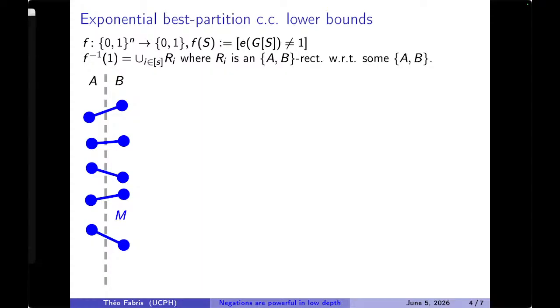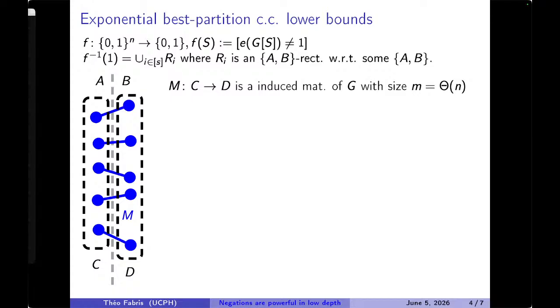A matching is just a bijection between one set and another set, and I'm going to denote by C the set of points from A that are mapped to a set of points in B, and by D the set of points in B that are mapped from points in A. The nice properties of this matching is that it is an induced matching, and it is very large in the sense that the number of edges is of order n, where n is the number of vertices.